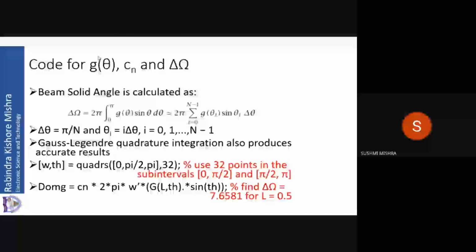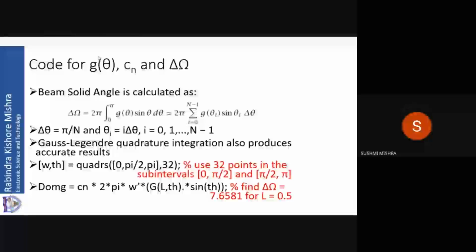Once the integration is done, you can write d omega is equal to Cn star 2 star pi, as it is the first part, then W dash, which is the transpose of W that has been calculated, star GLTH dot star sin TH.